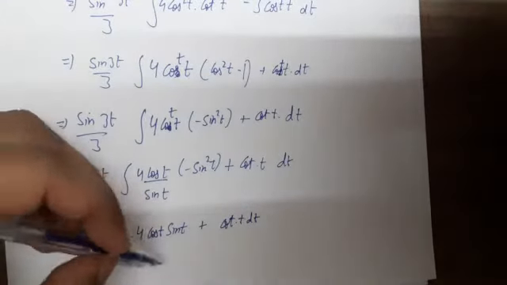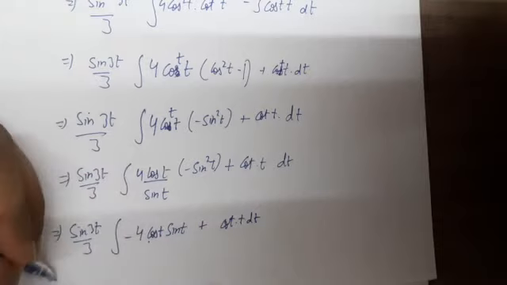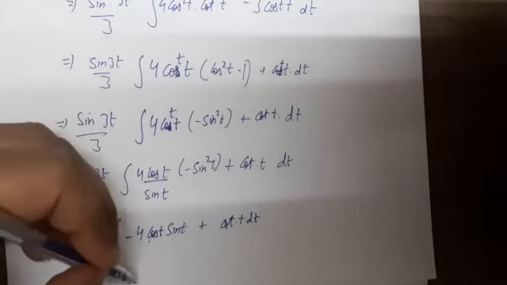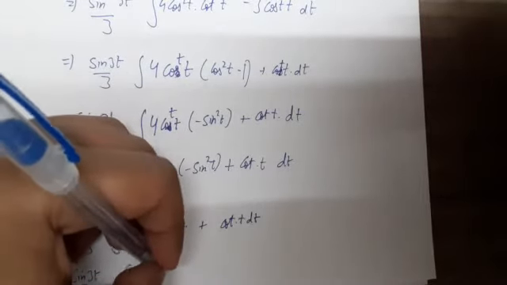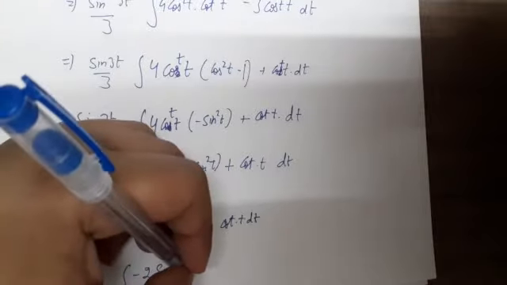Now we apply the property of sin 2t here, so we'll get minus 2 sin 2t plus cot t dt.